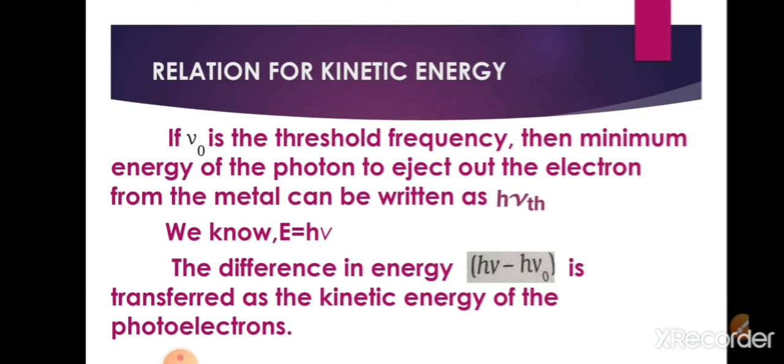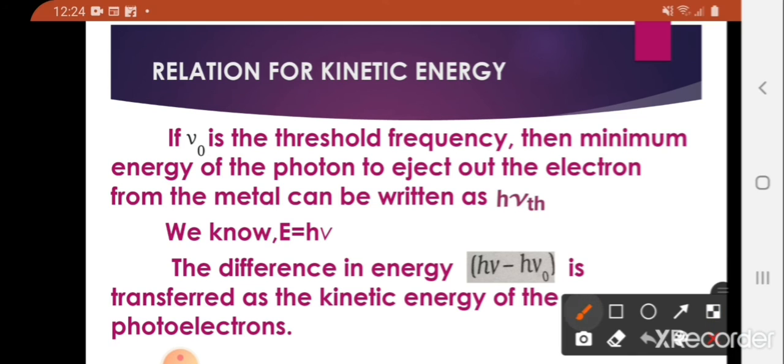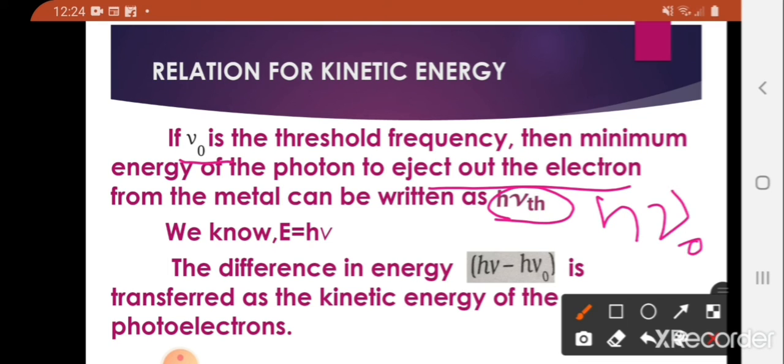As I told you in the observations of the photoelectric effect experiment, there is a threshold frequency below which we cannot observe the photoelectric effect. That is the minimum frequency for the photoelectric effect to happen. If nu zero is the threshold frequency, then we can write the minimum energy for the photon to eject the electron as h nu th, where th means threshold frequency, or we can write it as h nu 0.